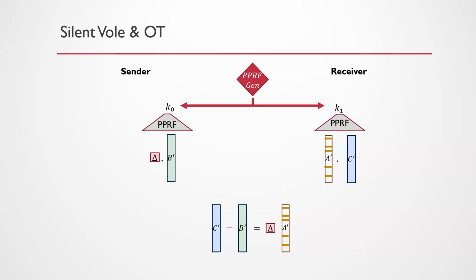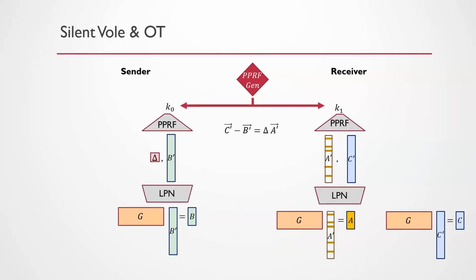So how do we get rid of this? Luckily, everything here is linear, so you can apply one of these linear assumptions. In particular, we can apply the LPN assumption, also called, in this case, syndrome decoding. The idea is you pick a random-looking matrix G, and you multiply these from the left by G, and for the random matrices, you just get shorter random matrices.